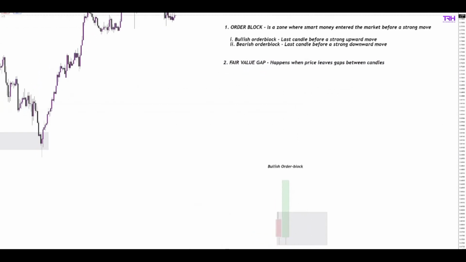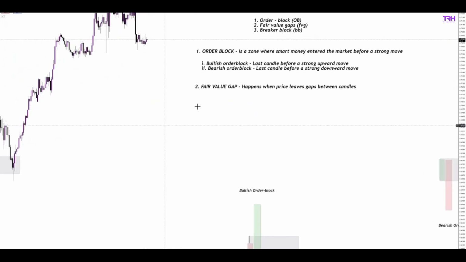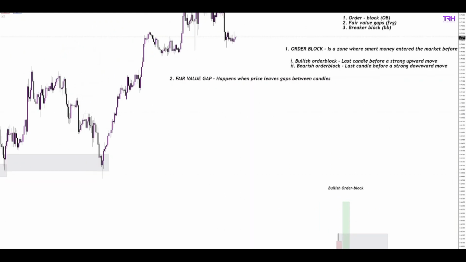Let's say we're in a downtrend. So we have this bearish candle, and this bearish candle as well, and then this red one as well.